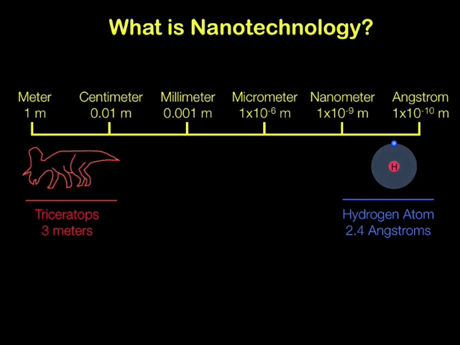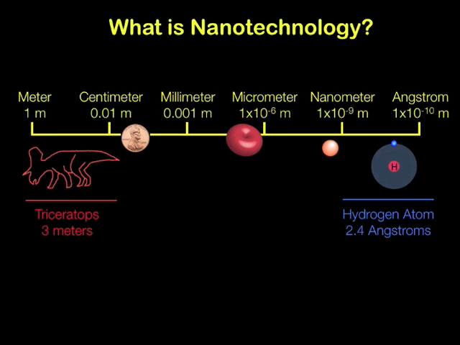In the intermediate space, we have a penny, which is about 2 centimeters or 20 millimeters in diameter, a red blood cell, which is about 6 micrometers in diameter, and then we have a nanoparticle. A nanoparticle is typically defined as any particle having at least one dimension less than 100 nanometers in length. So it's quite a bit smaller than a red blood cell, but a bit larger than a hydrogen atom.